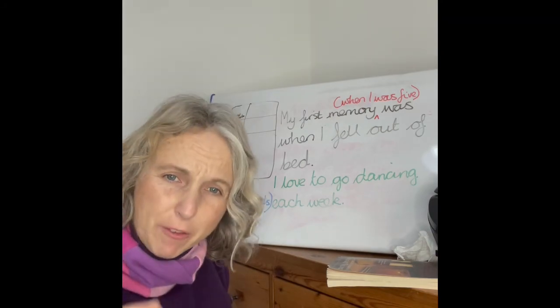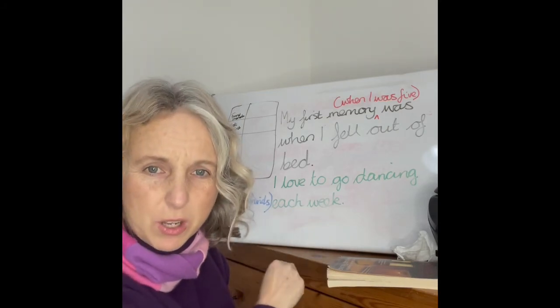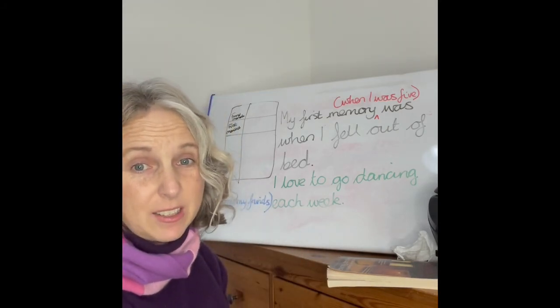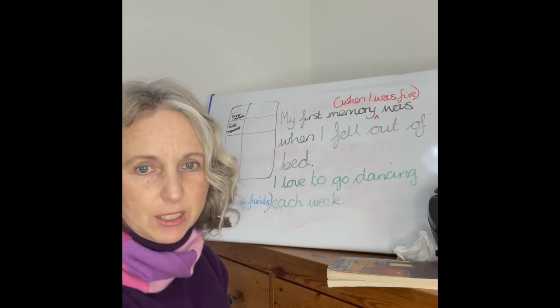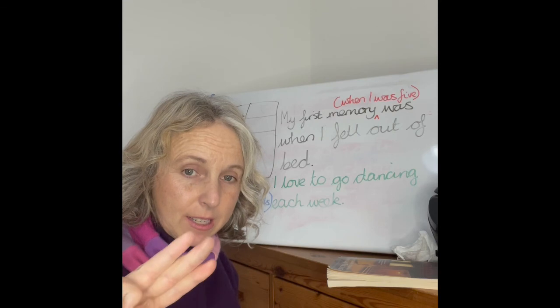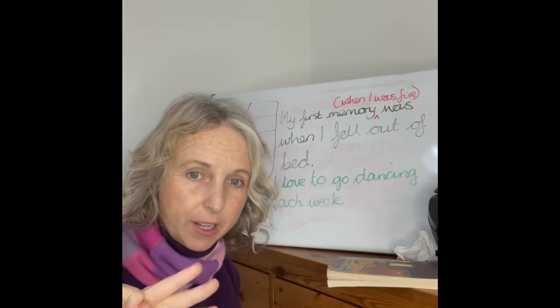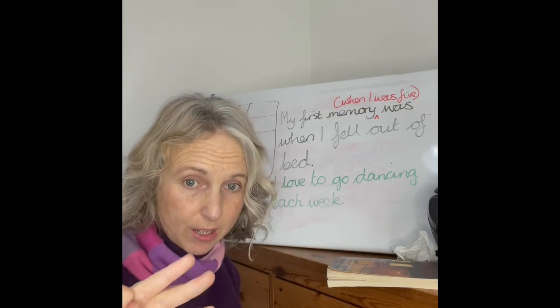So don't be afraid. Have a go like I did. But if it doesn't actually work, you've just got to be brave and resilient and go, I'm going to do that again. Okay, so 3 of your sentences, 3 of the things that you want to include in your autobiography. Choose those 3.